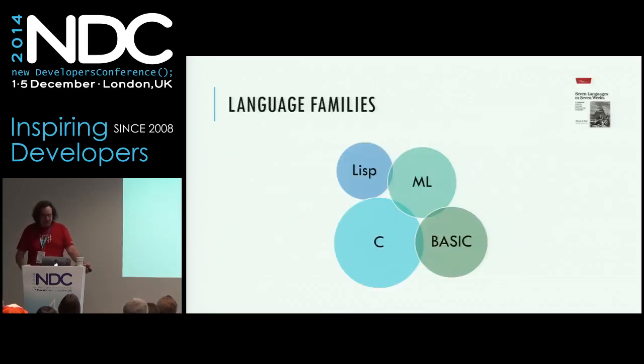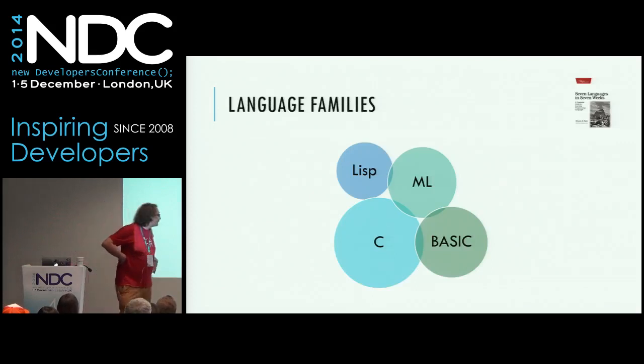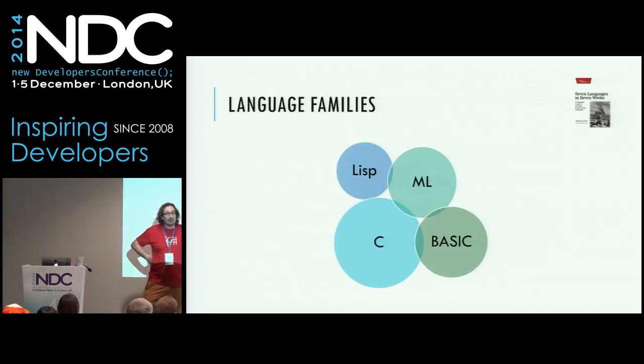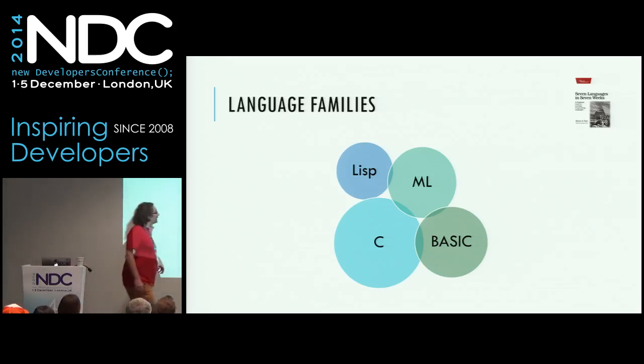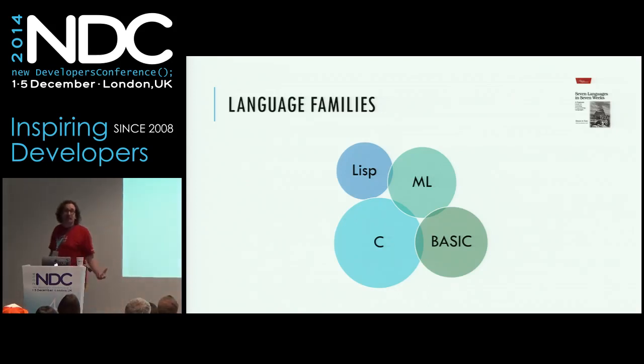And these are the kind of language families that I've played in. You've got C being a big bubble. So you have C# and Java derivatives, the curly brace syntax. Basics have been around and still exist. You've got an overlap here with the ML languages. Now, the ML languages are OCaml derived from ML, Haskell is in a way, and F# derived from OCaml.